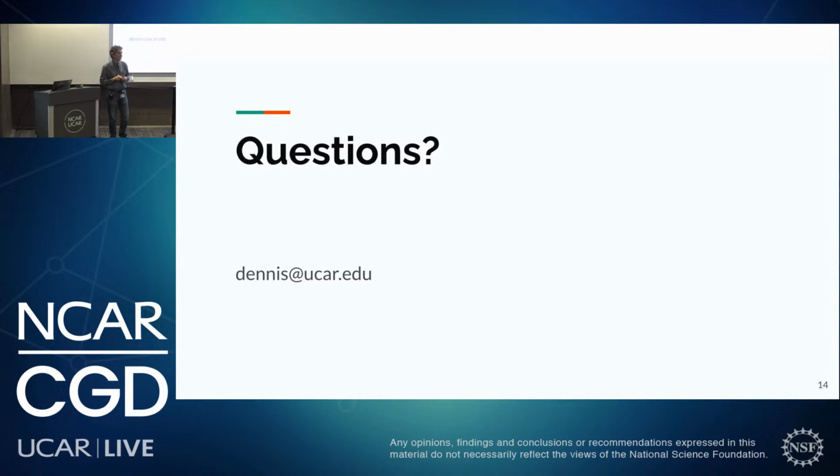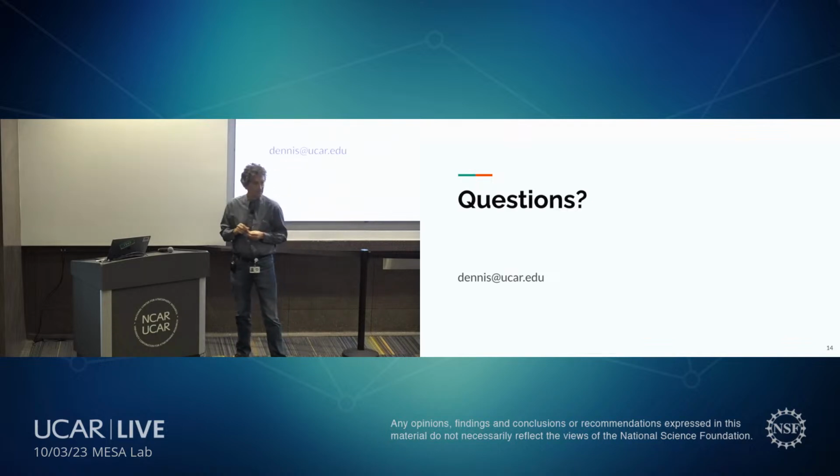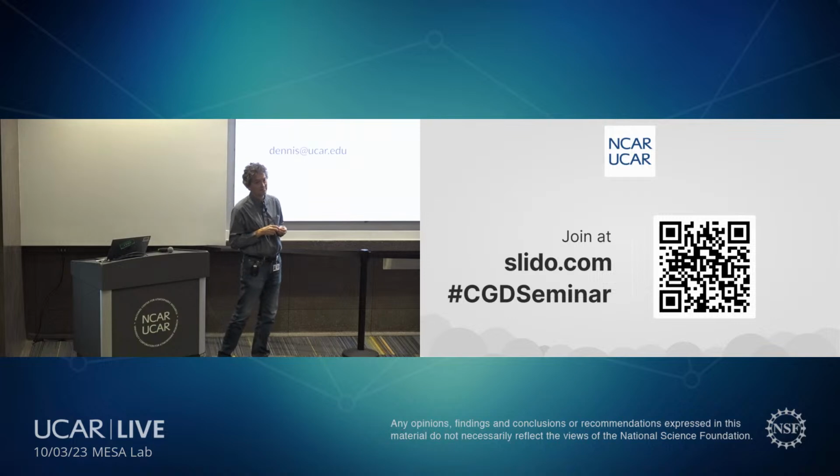I wondered if you could elaborate on your statement that the GPU capabilities maybe do not lend themselves to climate and paleo. Sure. So the characteristic of climate and paleo is that you want to collect a lot of statistics.